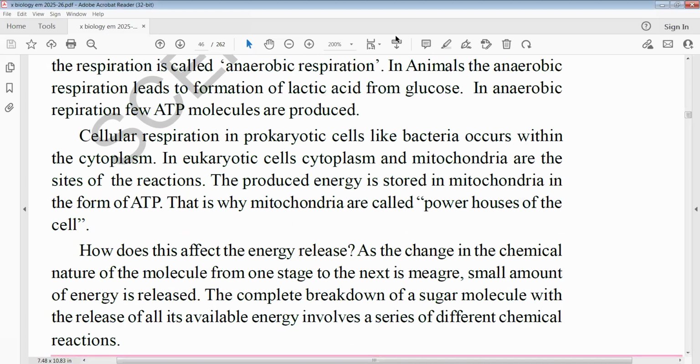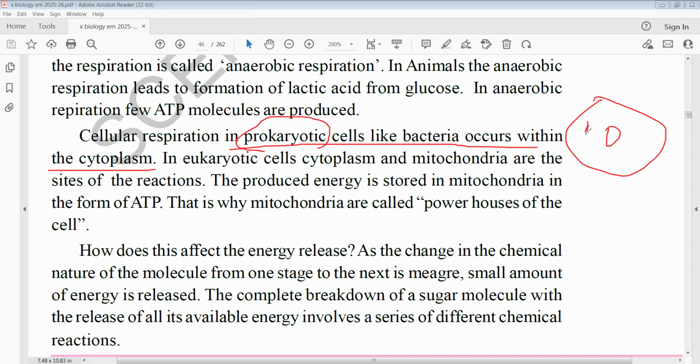Cellular respiration in prokaryotic cells like bacteria occurs within the cytoplasm. Prokaryotes means bacteria, blue-green algae. In these, this is the cell and this is the nucleus, and this is totally cytoplasm. So in prokaryotes, cellular respiration takes place in the cytoplasm. Whereas in eukaryotic cells, it takes place in the cytoplasm and mitochondria.